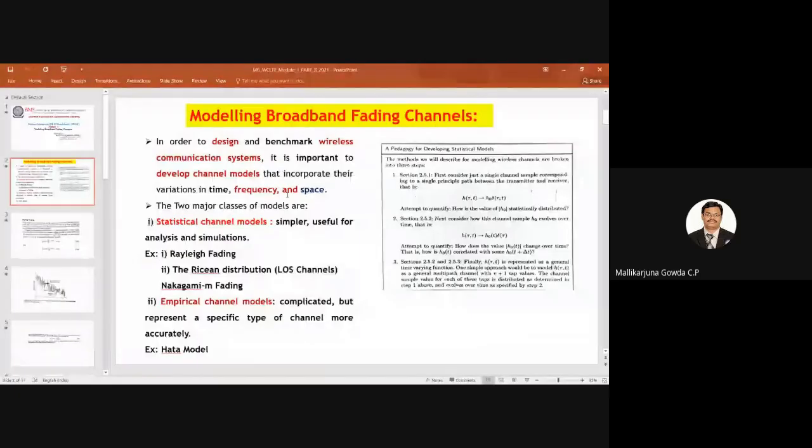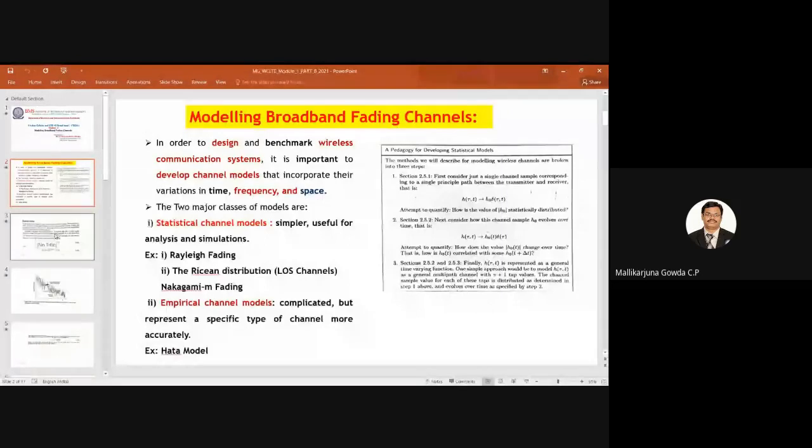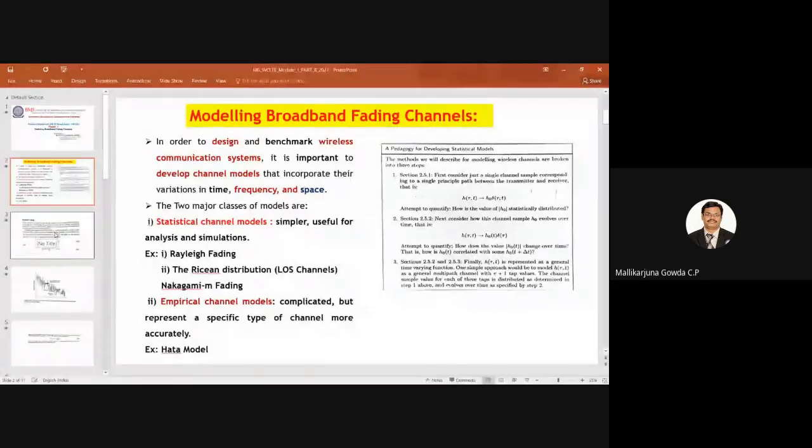If the phase difference is small, then the received signal will be destructive. Constructive means we will receive a signal amplitude much larger than the actual one, and destructive means the received signal amplitude will be smaller than the actual one. Keeping that in mind, let us try to understand what is Rayleigh fading. Hope you are able to see this Rayleigh fading.